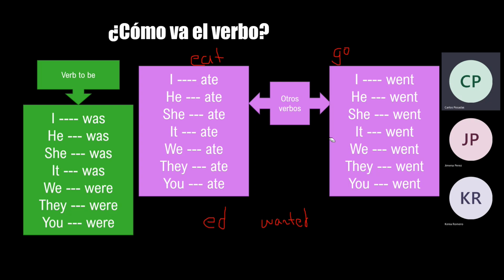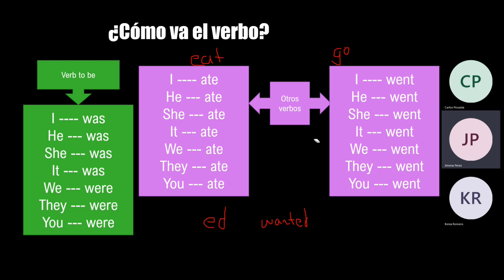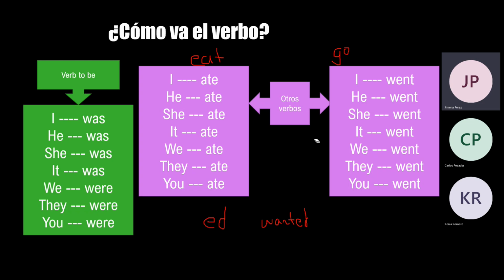¿Hay alguna razón por la que tenga que cambiar? ¿O así está la regla nada más? Pues como tal, así es la regla. Por lo general en el inglés se encuentra muy fácil esto de los verbos regulares y verbos irregulares.